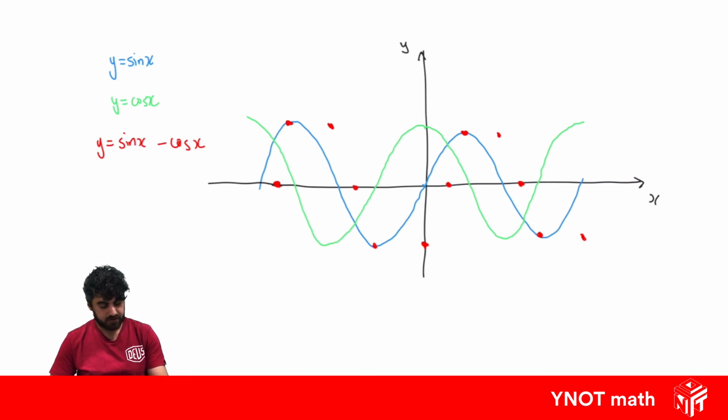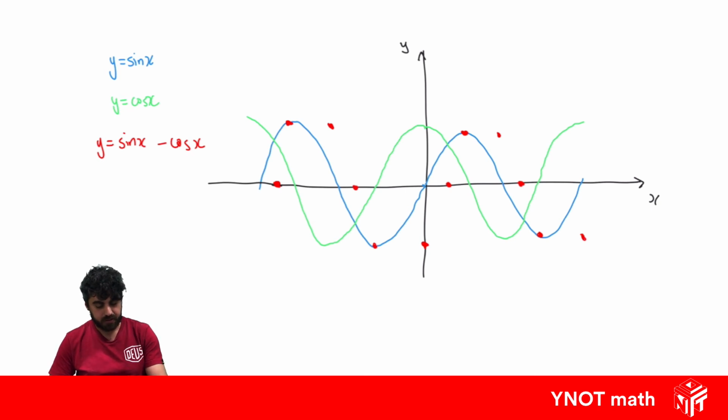But if we want to have a closer look at this point here, we're taking a y value for sine x and minusing this negative value, which will mean it's a higher up value here for the subtraction of the functions.